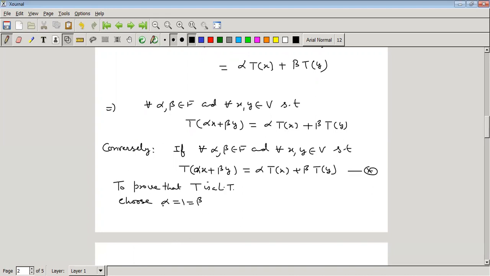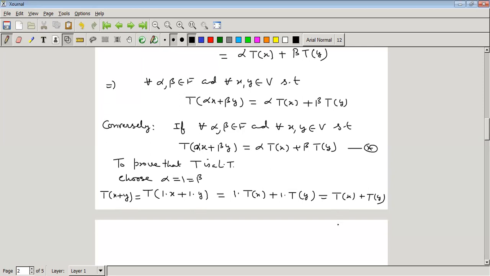If we put alpha equal to beta equal to 1 in star, then T of 1 into x plus 1 into y, that is T of x plus y, is equal to 1 times Tx plus 1 times Ty by using star, and this is Tx plus Ty.